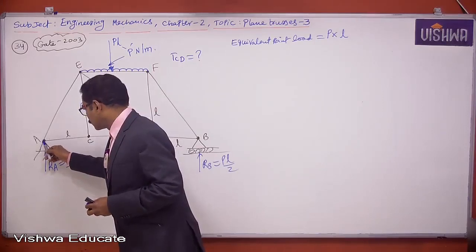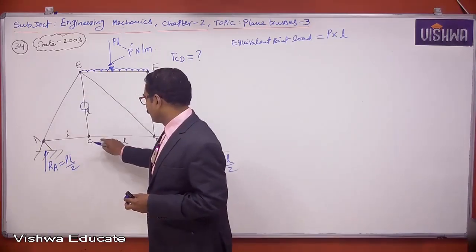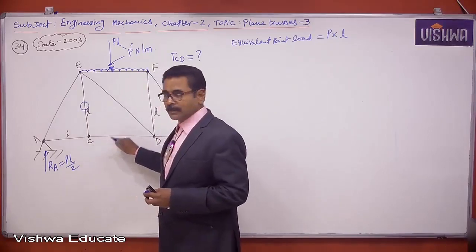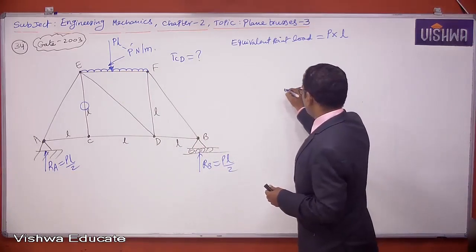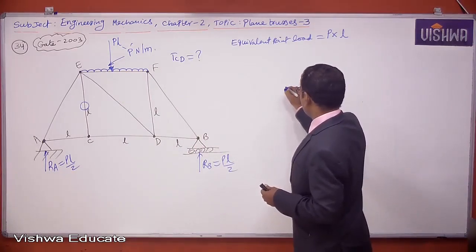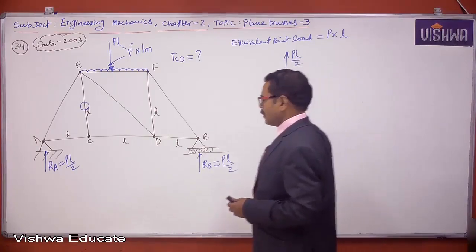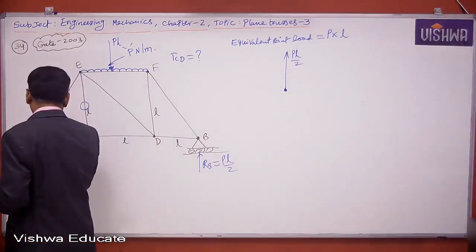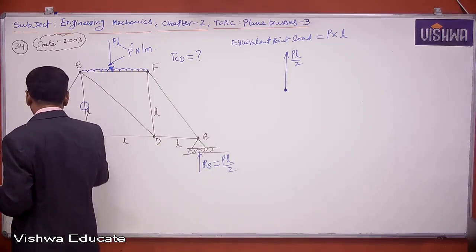By taking joint A, I can find TAC and TAE. Immediately I will get TCD, right? So about joint A, RA is acting in upward direction. It is PL by 2. And I am assuming AC carries tensile force, so I may refer to this as TAC.